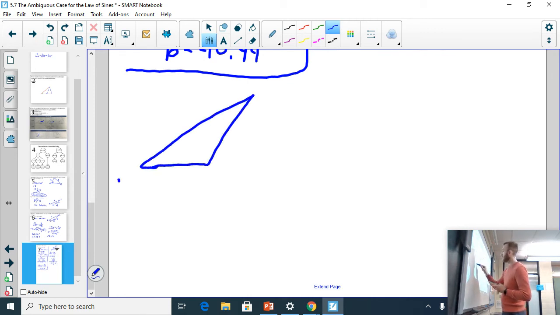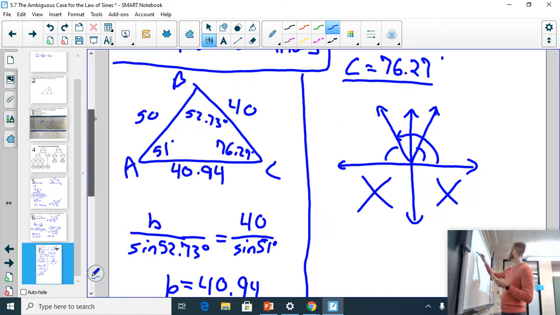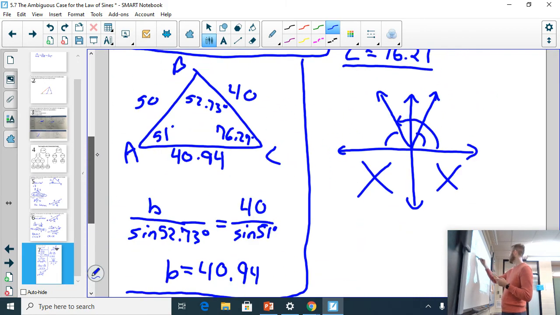And again, we have A, B, C, and now we're saying C is 103.73 degrees, and A is still 51 degrees, and we still have 40 across from A. No, other way.